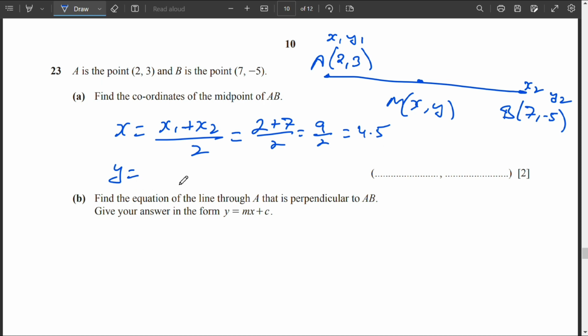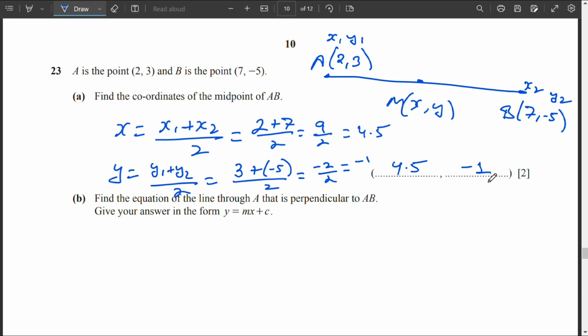So x is 4.5 and y is (y1 plus y2) by 2. y1 is 3 plus y2 is minus 5 by 2. So 3 plus minus 5 is actually minus 2 by 2, that equals minus 1. So the coordinates are (4.5, -1). So these are the coordinates.